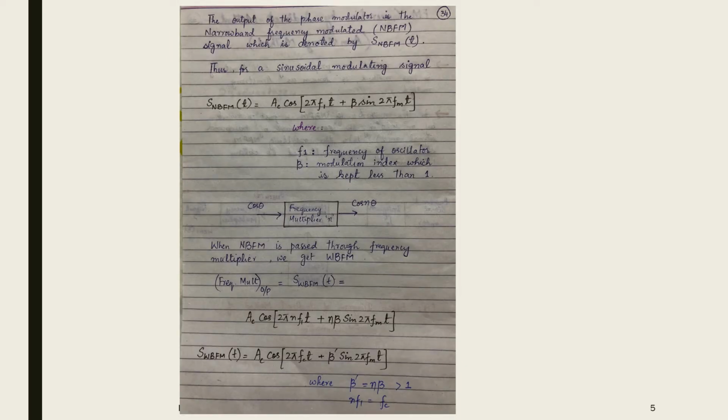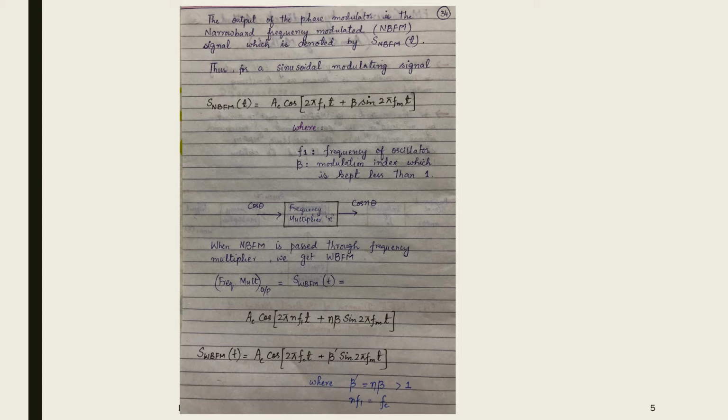The output of the phase modulator is the narrowband frequency modulated signal, denoted by S_NBFM. For a sinusoidal modulating signal, the narrowband FM can be written like this: A_c cos(2π f1 t + β sin(2π f_m t)).